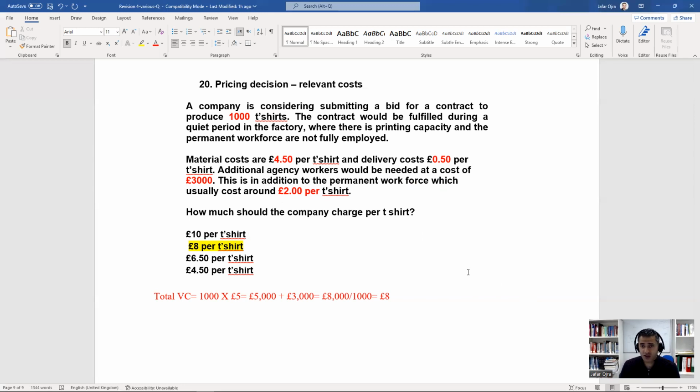These employees are fully employed, so permanent labor is not included because they are already being paid £2 per t-shirt regardless. As you know, fixed costs are not included in relevant costs. So the answer is £8 per t-shirt, and that is the cost per t-shirt.